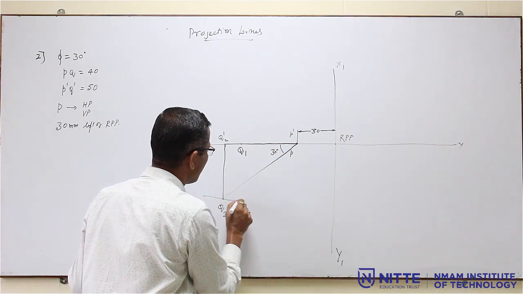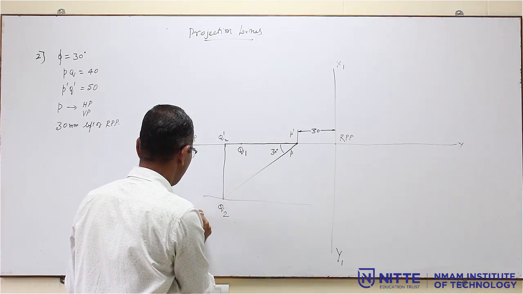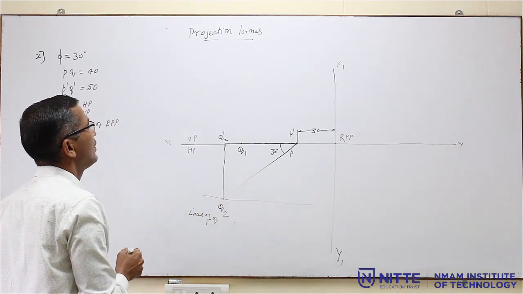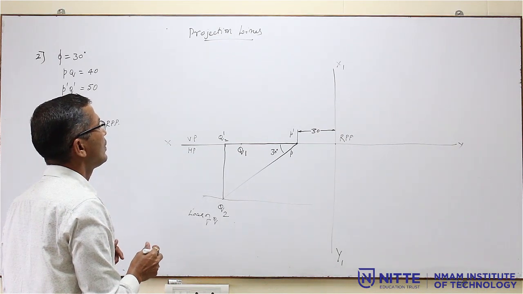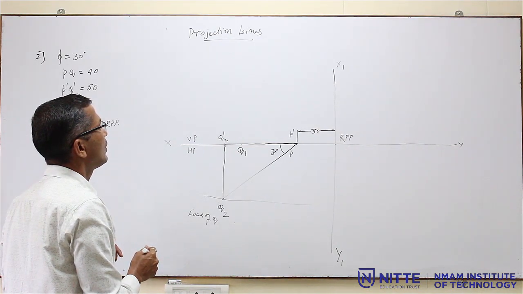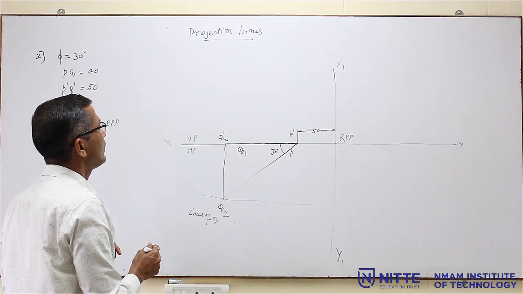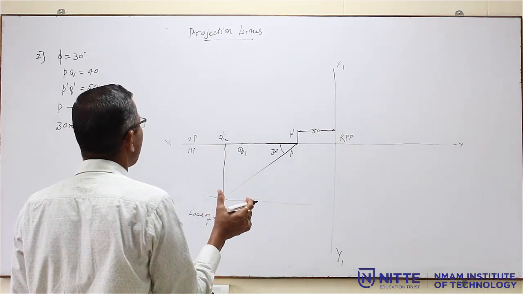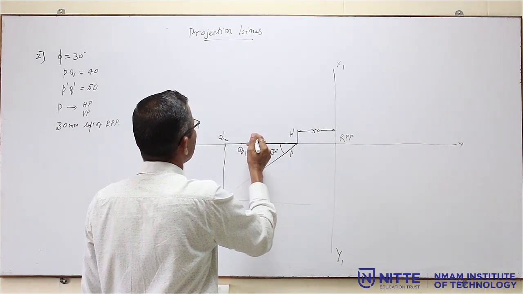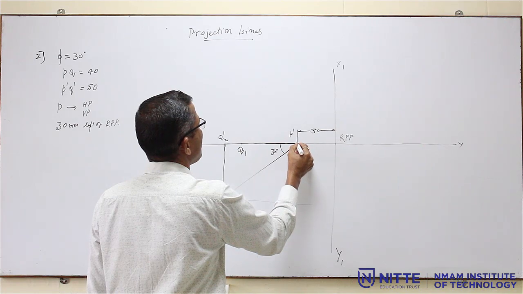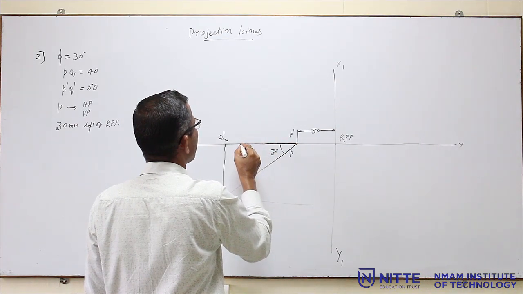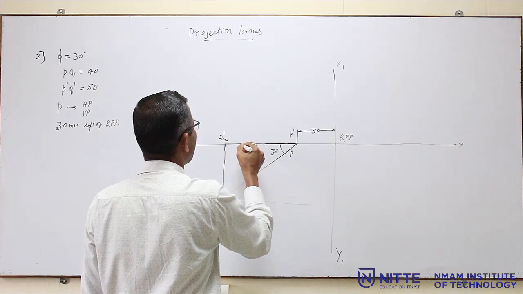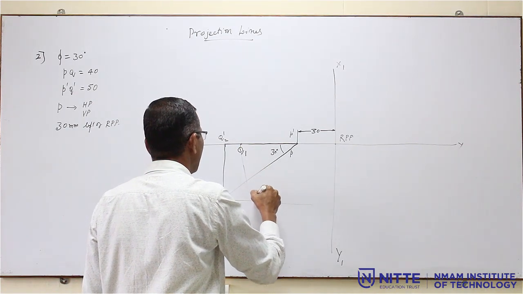Now you draw the locus of Q. Then take the compass, with P as center and PQ1 as radius, draw the arc.